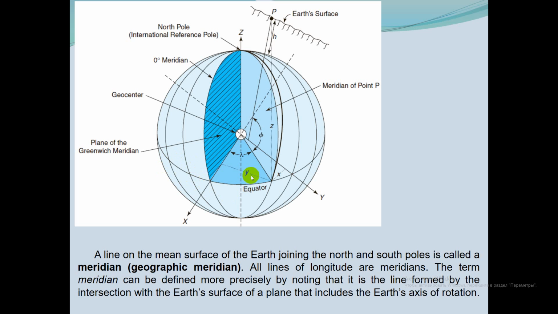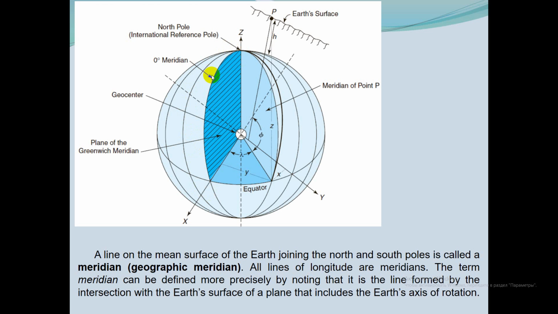The term meridian can be defined more precisely by noting that it is the line formed by the intersection with the Earth's surface of a plane that includes the Earth's axis of rotation.